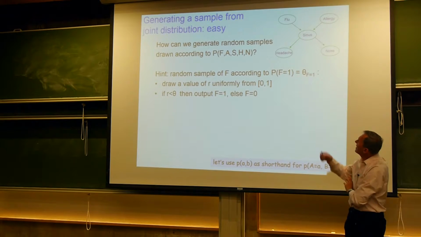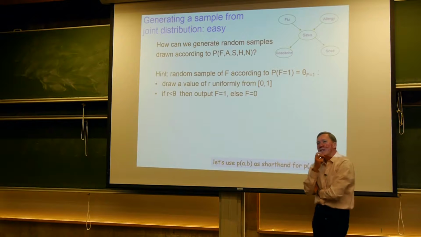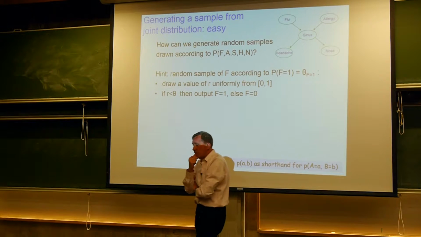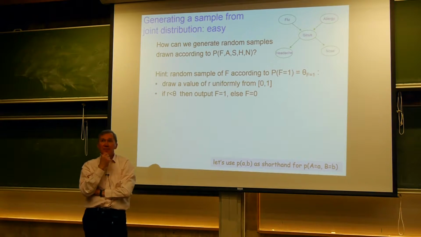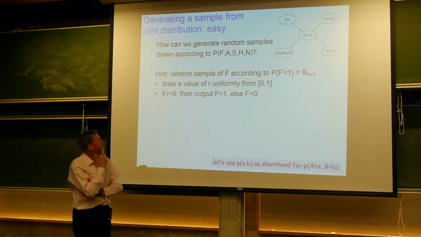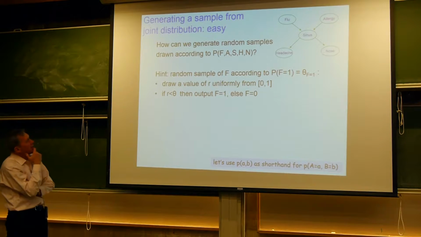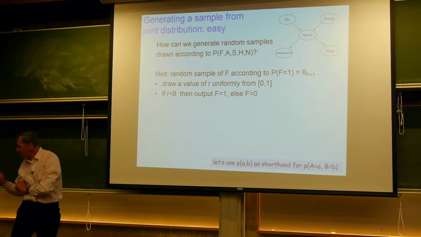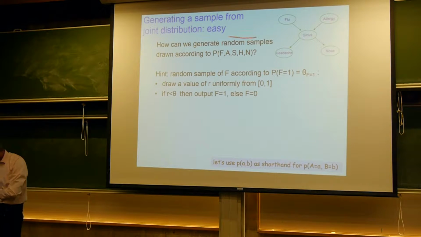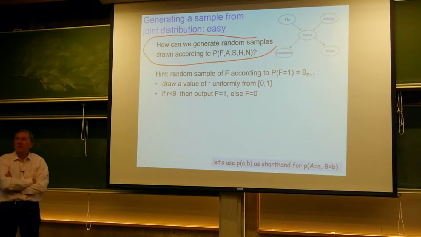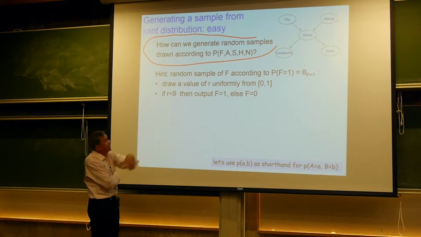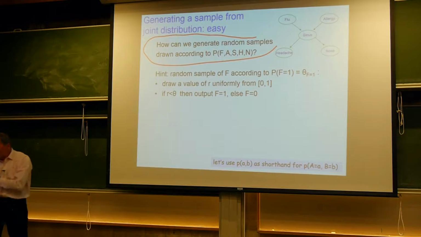Another way, which gives us approximate answers but is sometimes much quicker, is to generate fake data that follows the joint distribution and then get maximum likelihood estimates out of that fake data. So how can we generate a random sample of data that's drawn according to a joint distribution given the Bayes net? Here's the hint.